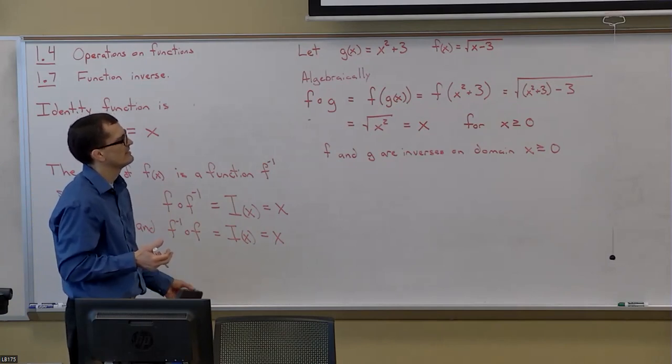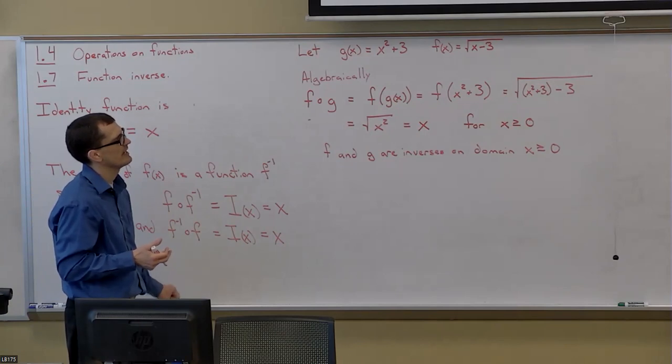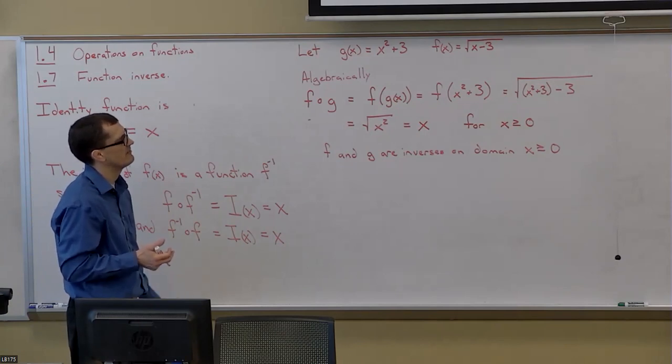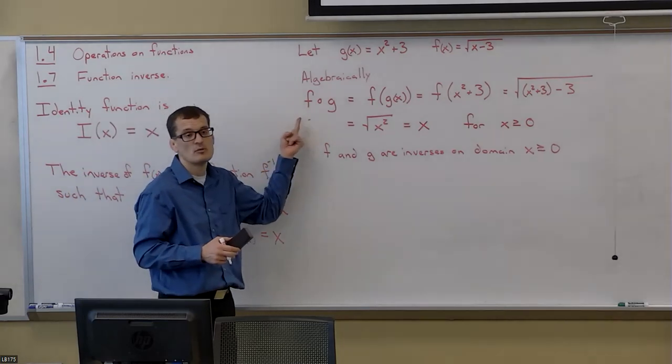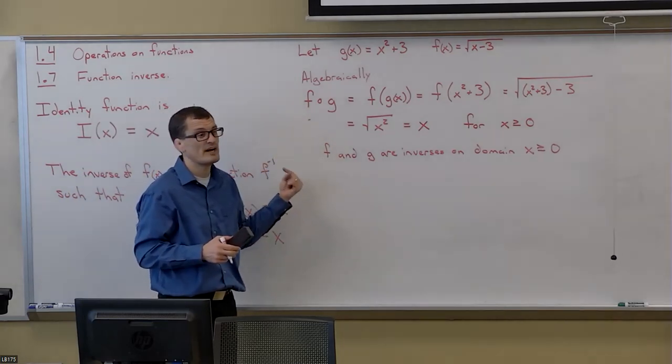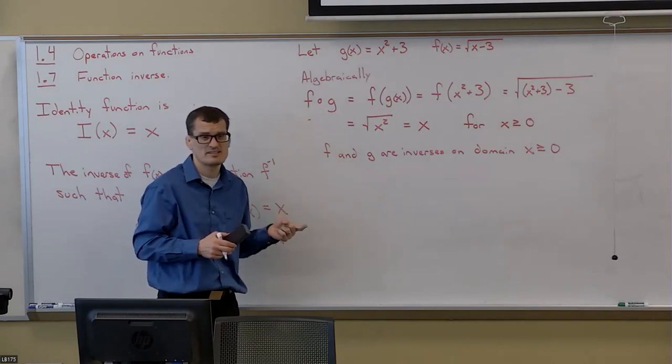In fact, you actually may need the f and g are inverses on the domain x greater than 0 when we're composing this way. But when you're composing the other way, you might need x greater than 3. Does that make sense?